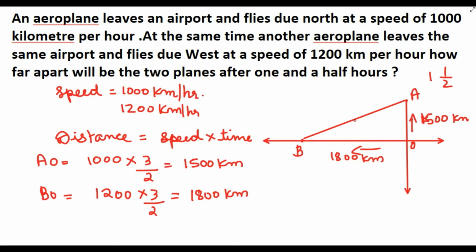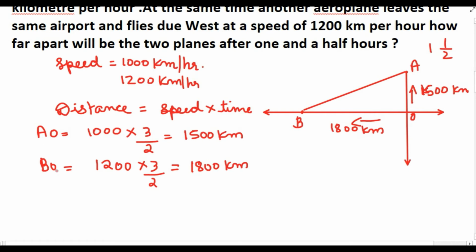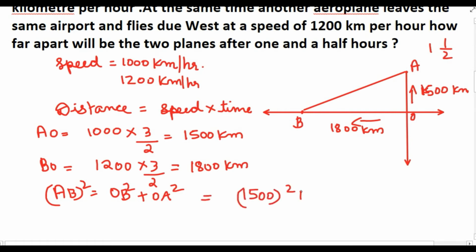So I can write AB square is equal to OB square plus OA square, which is equal to 1500 the whole square plus 1800 the whole square. 15 square, we know it is 225, and when you square we have 4 zeros.